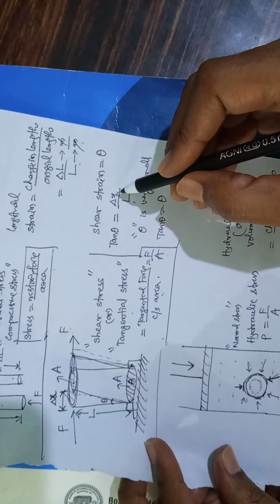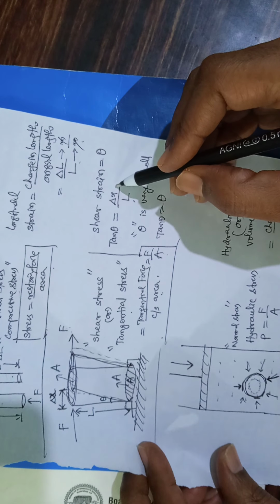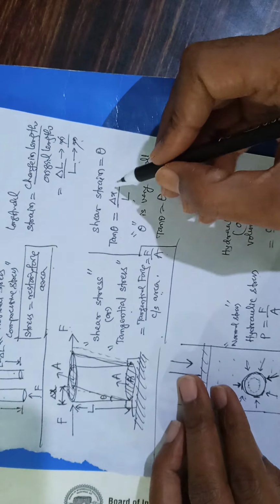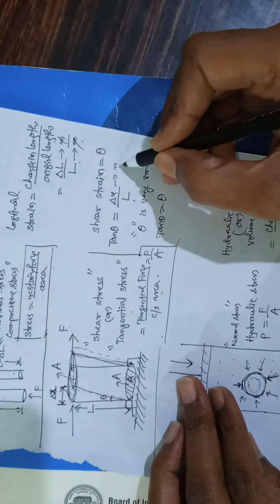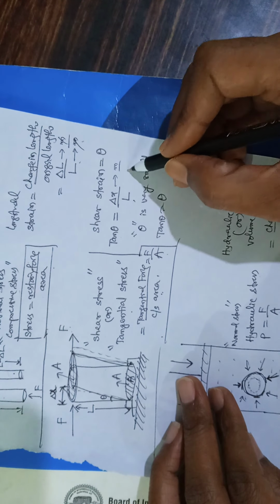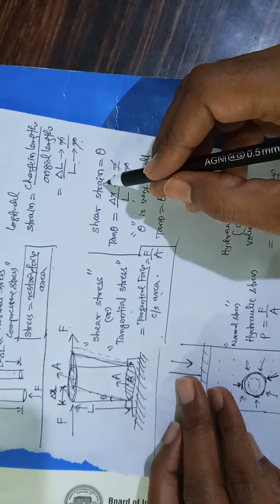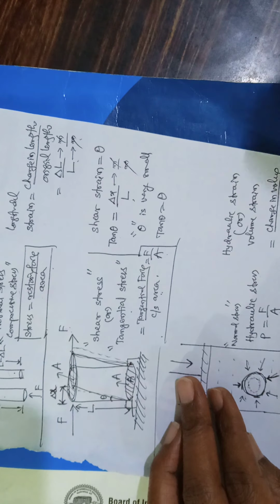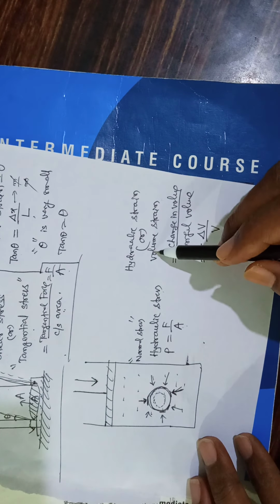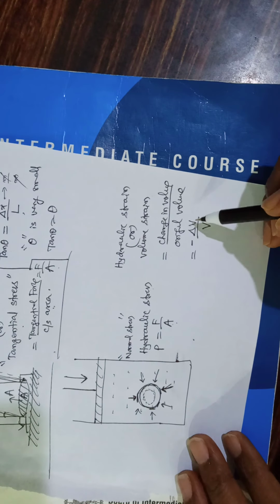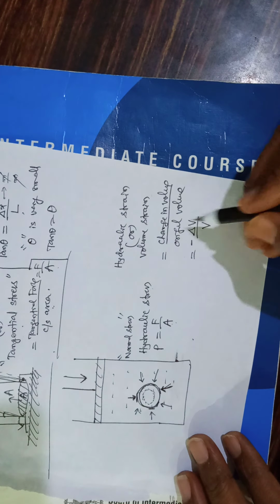Now let us consider shear strain. Here, displacement of face by length of the cylinder. The displacement is measured in meters and length of the cylinder is measured in meters. Meter gets cancelled. Therefore shear strain has no units. Now let us go for hydraulic strain or volume strain, change in volume by original volume.